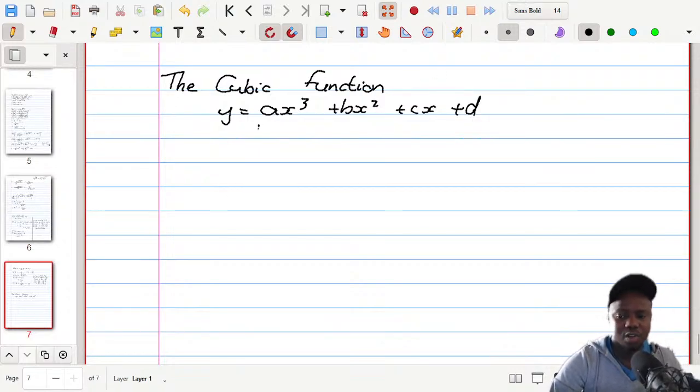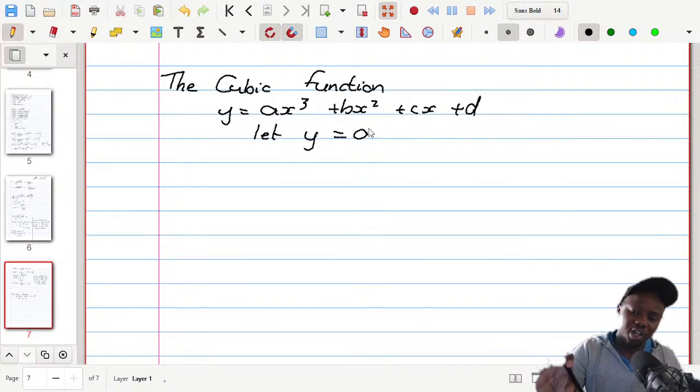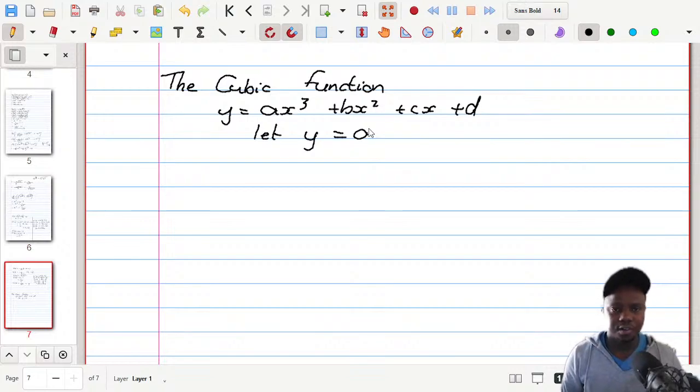Of course, we need to let y equal 0. But then we need to use synthetic division or division by inspection or long division in order for us to be able to solve for x. If you don't know how to do that, I've got a video on each of the specific sections explaining how to do it. But let's just look at a simple example.